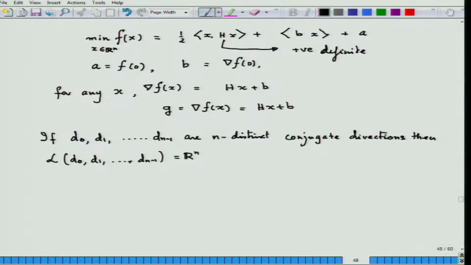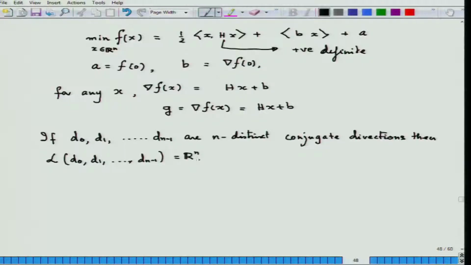You cannot have n linearly independent vectors in R n whose span is not R n, because they will form a basis, since that is what we proved for the specific case when H is positive definite.